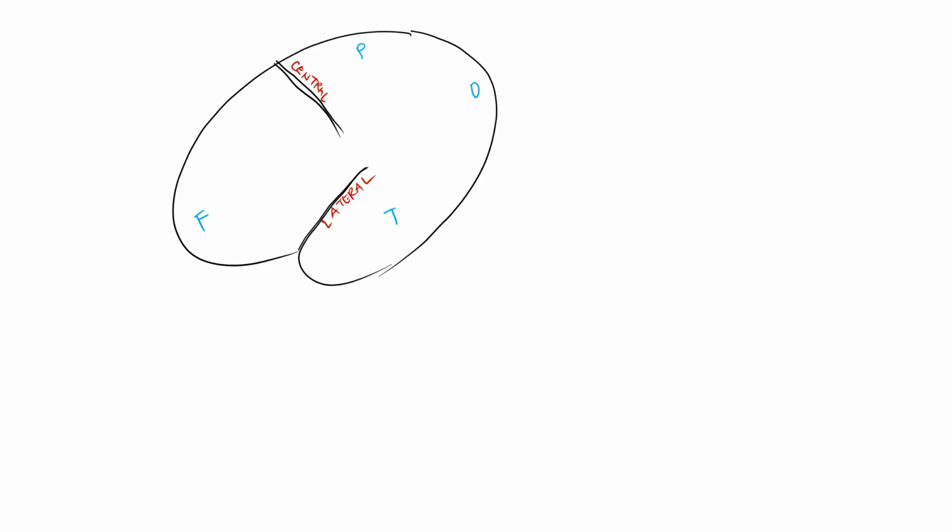Now, this part here is your vision. In your frontal lobe, just in front of your central sulcus, is what you call your precentral gyrus. Your precentral gyrus is most important because it is your primary motor cortex.